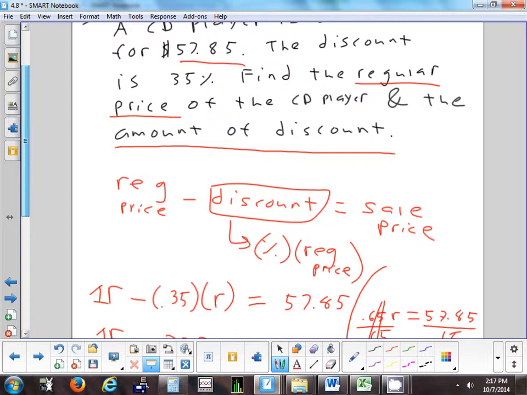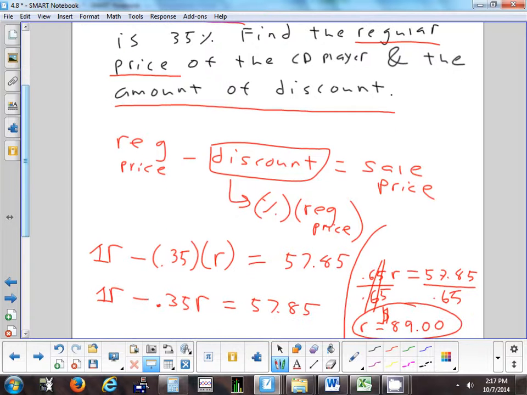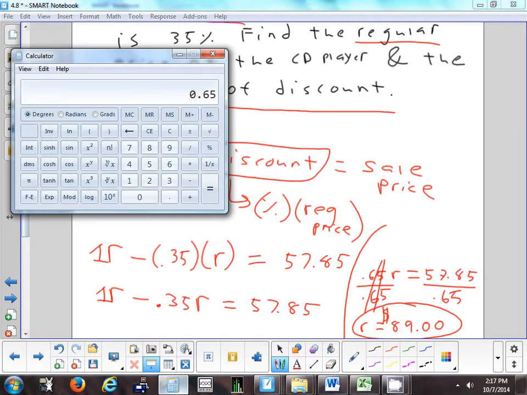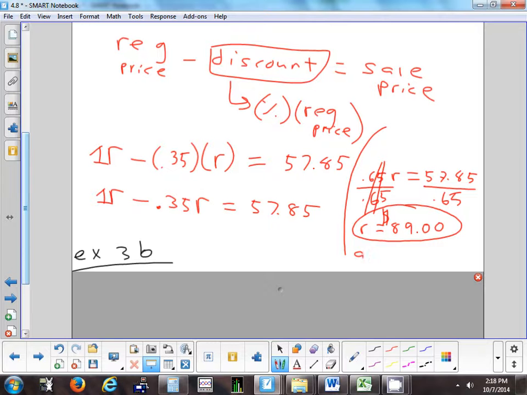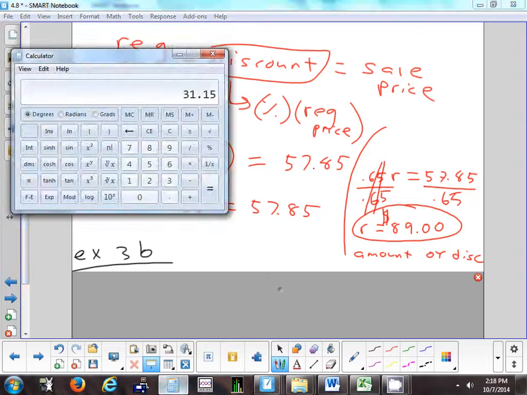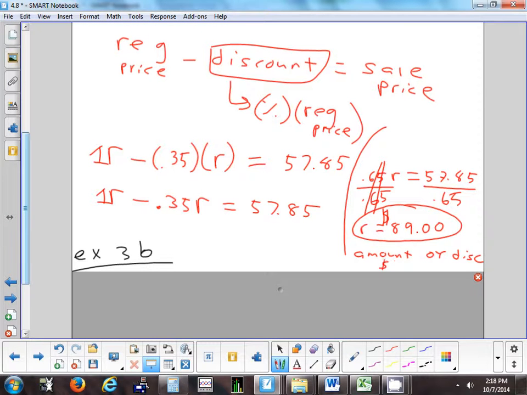Always subtract them, the bigger number minus the smaller number. That's the original price, that's what it's on sale for. So they took off $31.15. That's the amount of discount: $31.15.